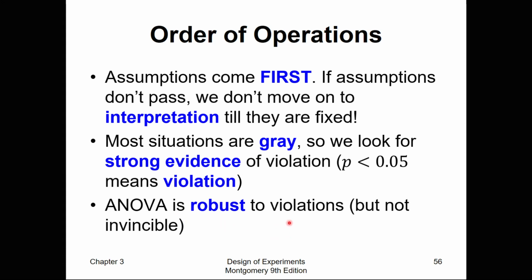So when a violation of an assumption happens and it doesn't really impact the validity of the analysis, then that analysis is called robust to that particular violation. So when the sample size is equal, ANOVA tends to be pretty robust to normality and homogeneity of variance.